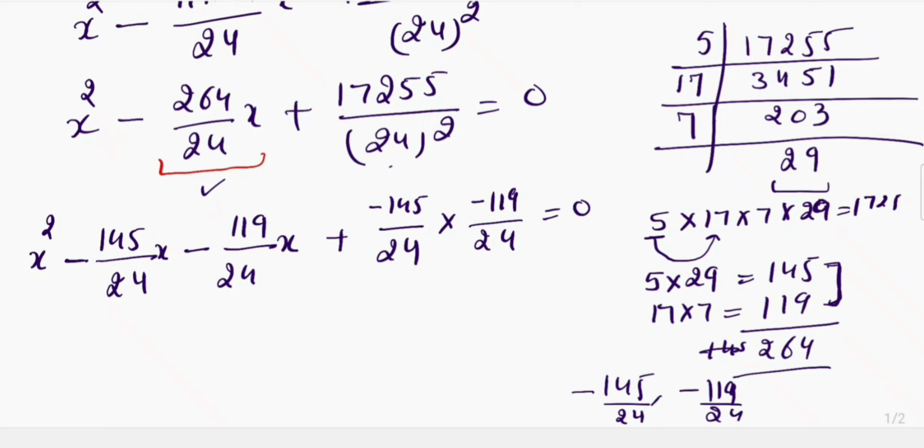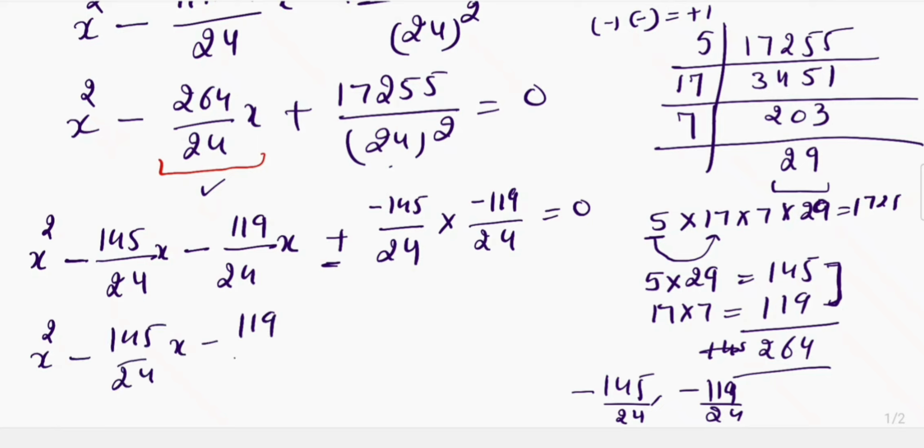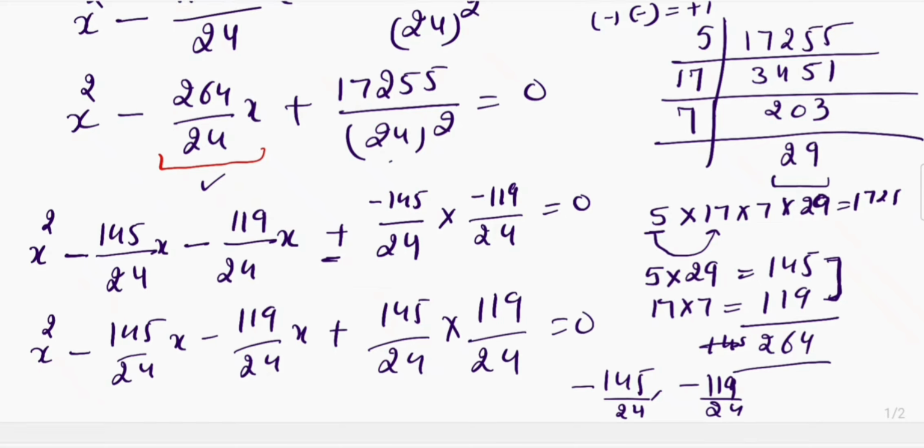When we multiply two negative numbers, negative into negative is always plus, so I get the plus sign only. Now I can write this as x² - (145/24)x - (119/24)x + (145/24)(119/24) = 0.